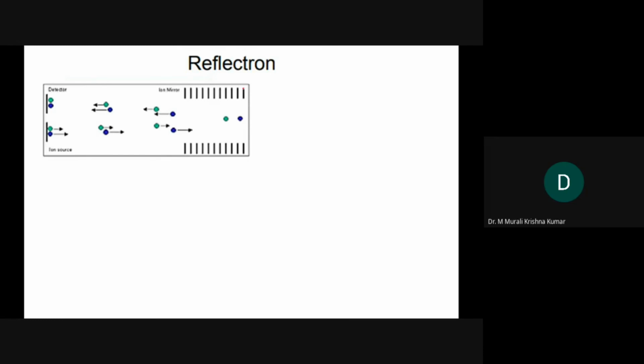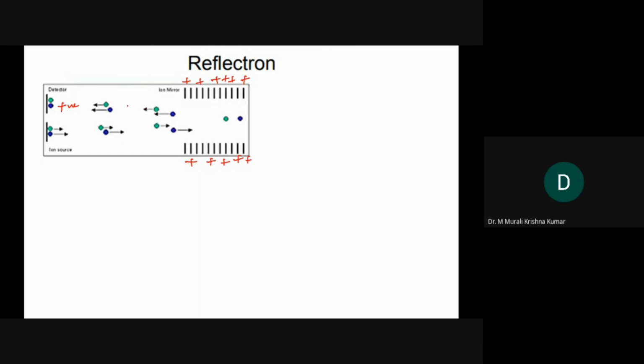So what are these reflectrons? It is not like our mirror. These are all ionic. Let's say these are positively charged ions. All these are concentric plates of equal charge. So if the ion is positively charged, here we apply positive charge.